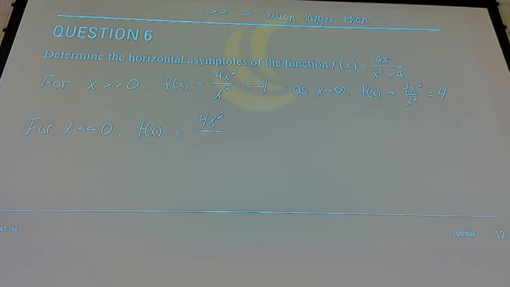Well, now you're going to have the exact same effect as if x was much larger than 0. We get a single horizontal asymptote at y equals 4.